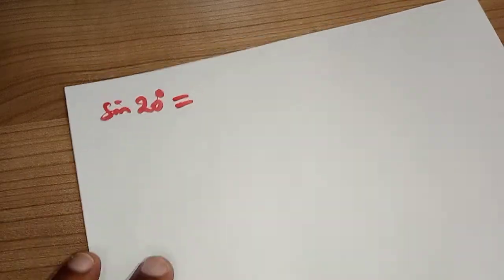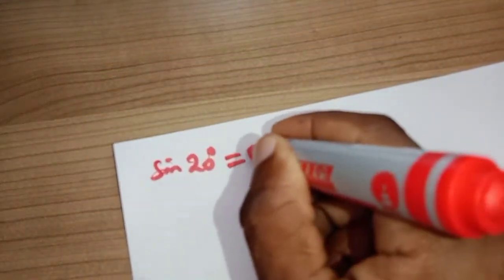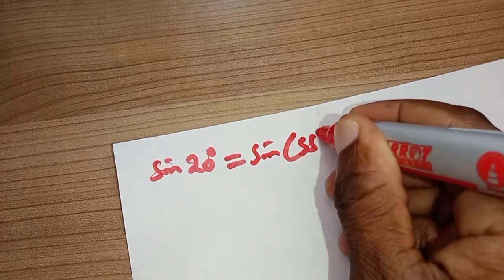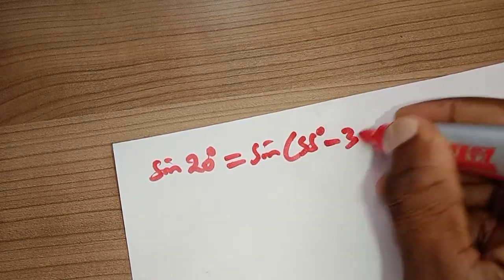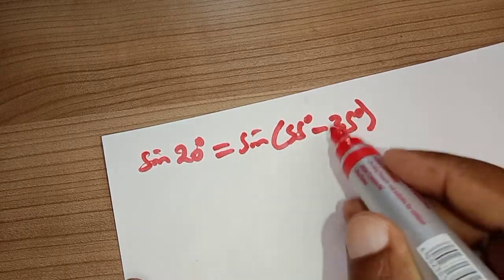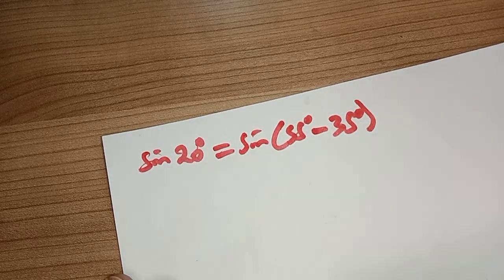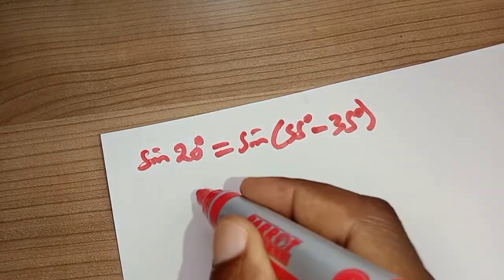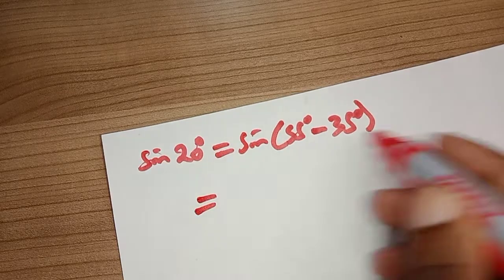Then here we're going to have the sine of 55 degrees subtracting the 35 degrees. 55 degrees subtracting the 35 degrees gives me the 20. Both of them are special angles in this question. Then this is a compound angle.